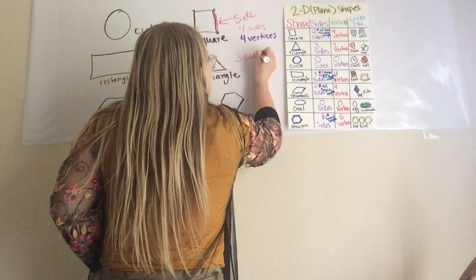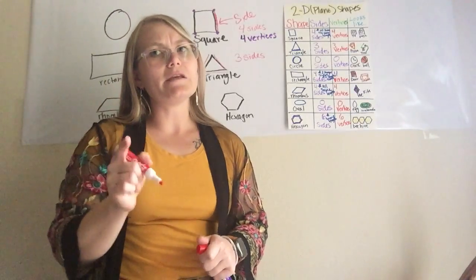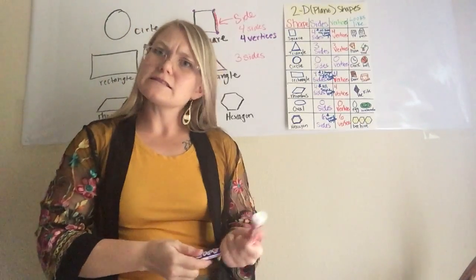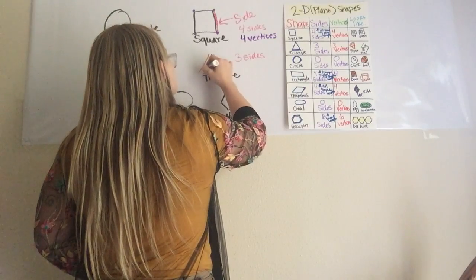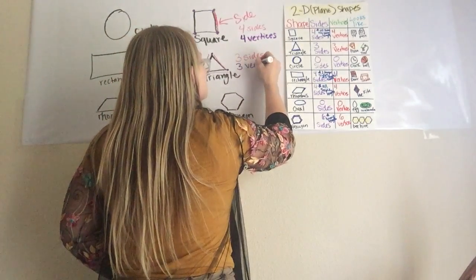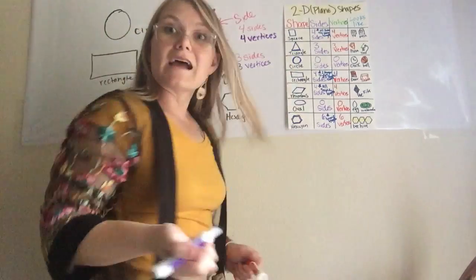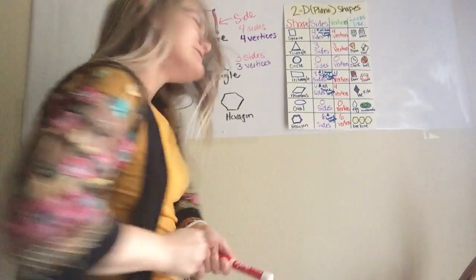Now I wonder, how many vertices does it have? Let's count them. 1, 2, 3. 3 vertices. Guys, I think I'm starting to see a pattern. Let's keep going.